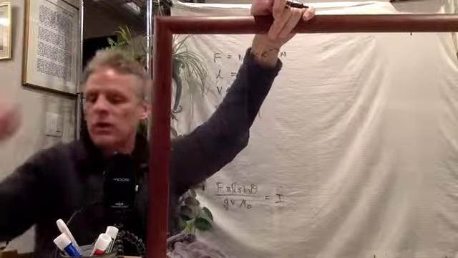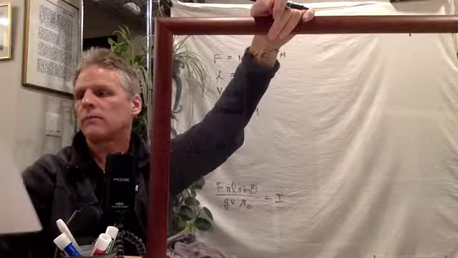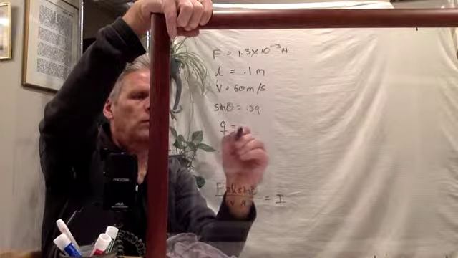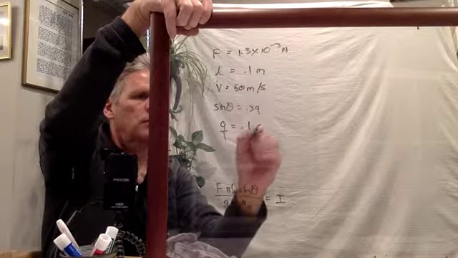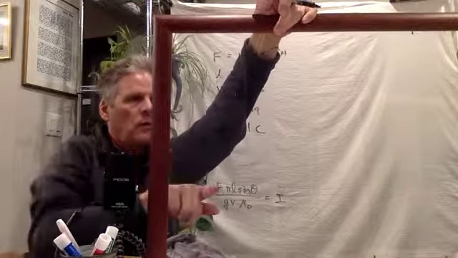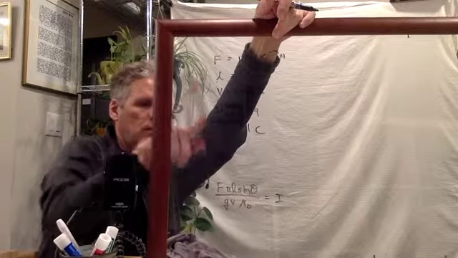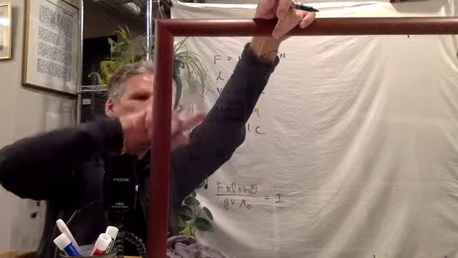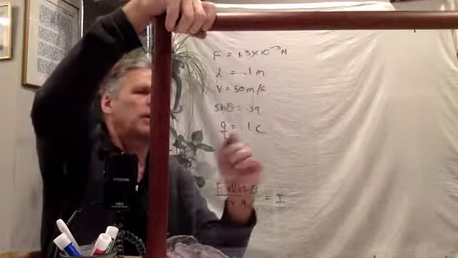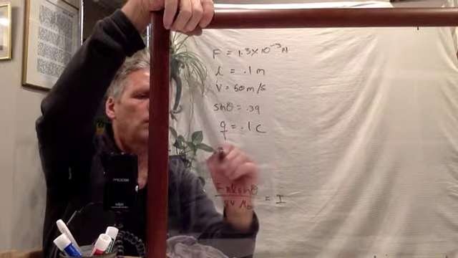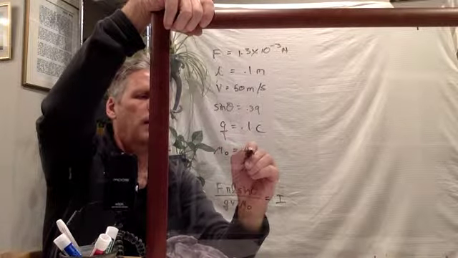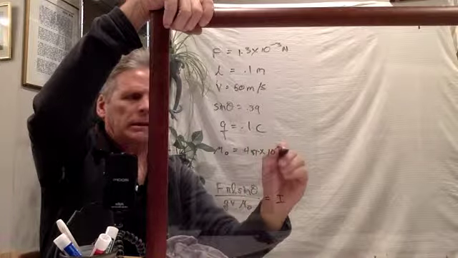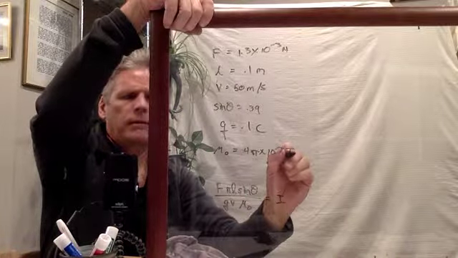Let's see. Q is 0.1 coulomb. So Q equals 0.1 coulomb. F L sine theta over V Q. Okay, so we know everything else, and we know that mu 0 equals 4 pi times 10 to the minus 7 Tesla.